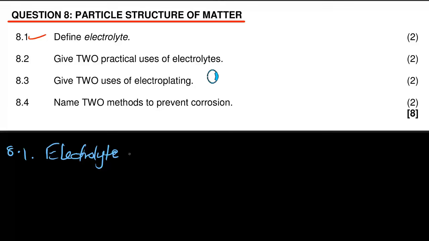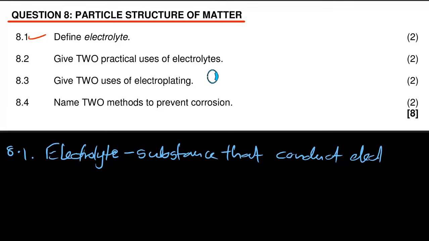So we are saying an electrolyte is a chemical substance that conducts electricity, that conducts electrical current.